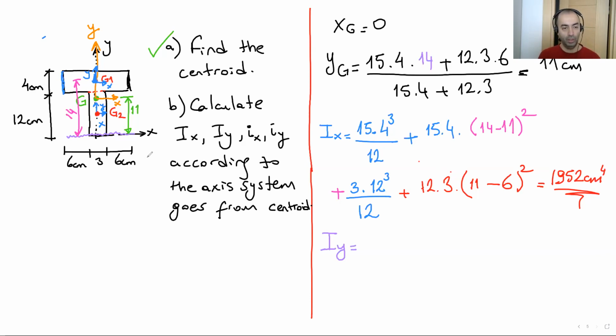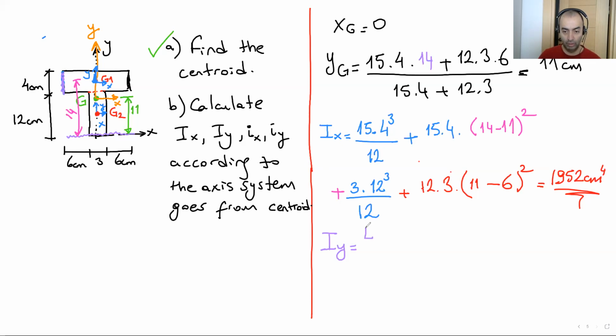So, what is the logic? We are going to calculate the moment of inertia according to the local axis, then transfer it to the global axis. For the rectangle at the top, what is the parallel edge? Because we are dealing with the y-axis now, the parallel edge is this.